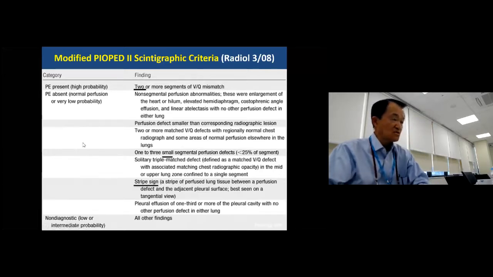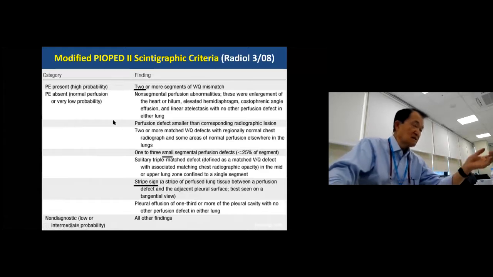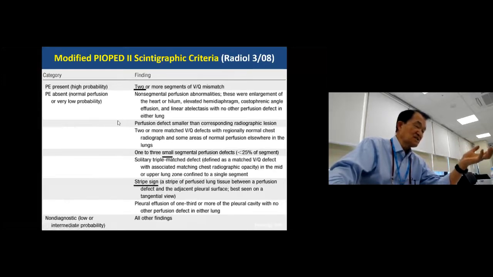So using your knowledge of clinical information, patient information, and the other imaging like a chest X-ray or CT, you can make it high or very low, nothing here, then it's useful.